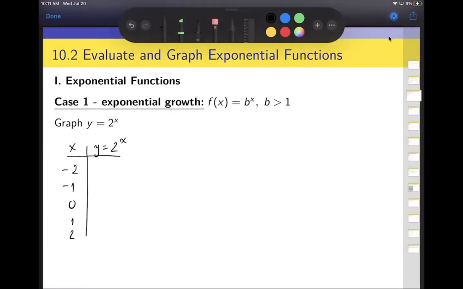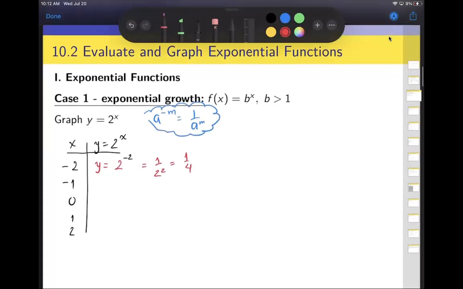When x equals -2, what happens? y is 2 to the -2, right? Which is the same thing as 1/2 squared, which is 1/4. Do you remember this? Let me remind you: a to the -m is equal to 1/a to the m.